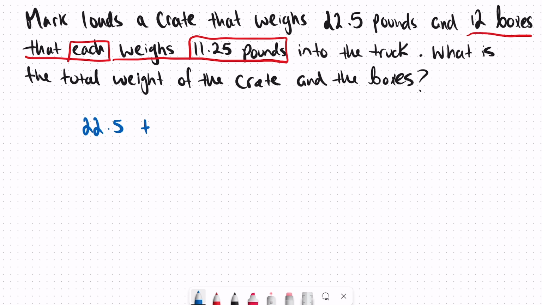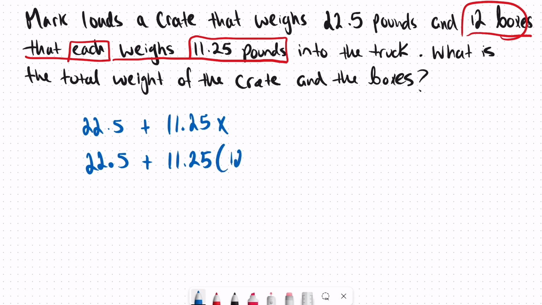So we're going to be multiplying 11.25 by a variable x, and that variable x is the number of boxes that there are. It tells us that we have 12 boxes. So we're going to have 22.5, which is the weight of the crate, added to the 11.25 pounds per box, and we have 12 of them, so we're going to be multiplying that 11.25 by 12.